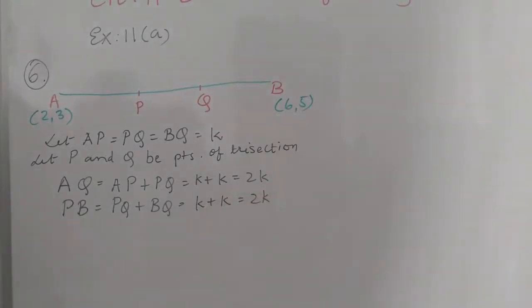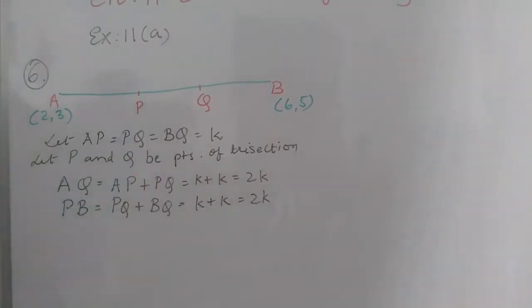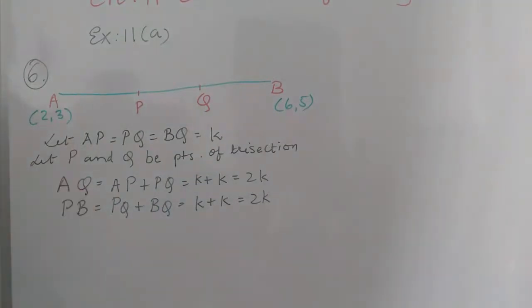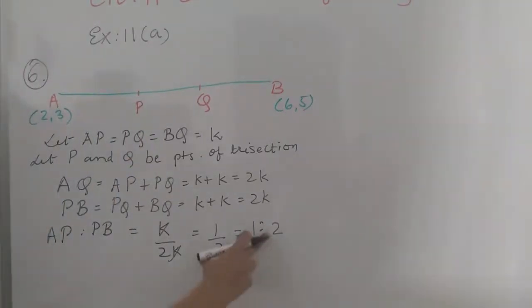So now students, when we want the coordinates of point P, at that time we'll take the ratio AP to PB. So I write here that AP ratio PB is equal to AP means K here and PB means 2K. So K gets cancelled, 1 by 2, that is the ratio 1:2. So whenever we find P's coordinates, we will use this ratio.